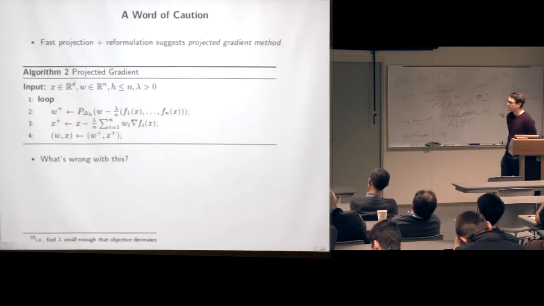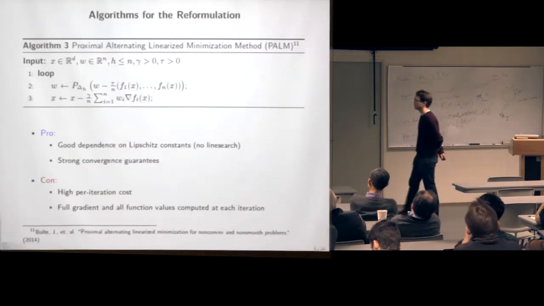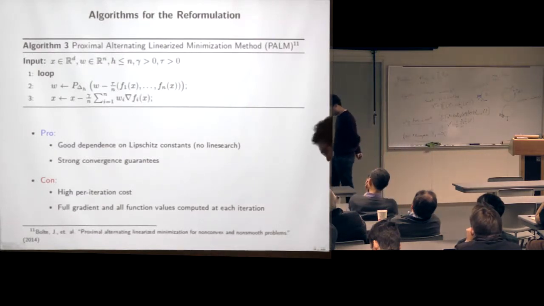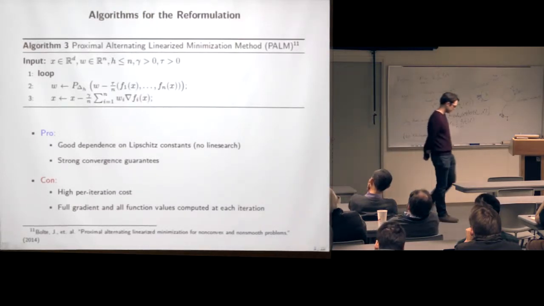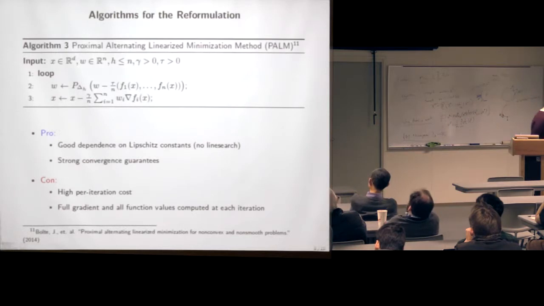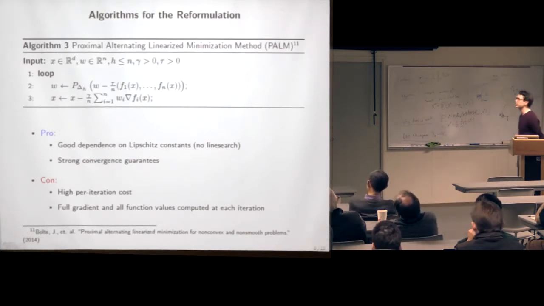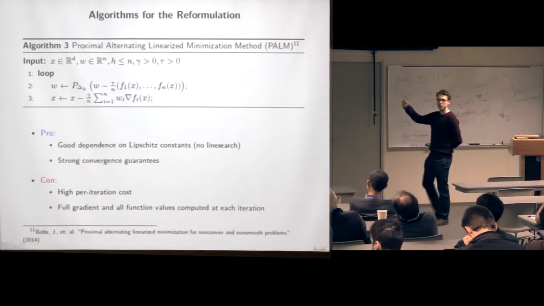Let me skip this just for time. There's a nice algorithm called PALM that works on this problem, and it's a projected gradient method, but it alternates between two steps.